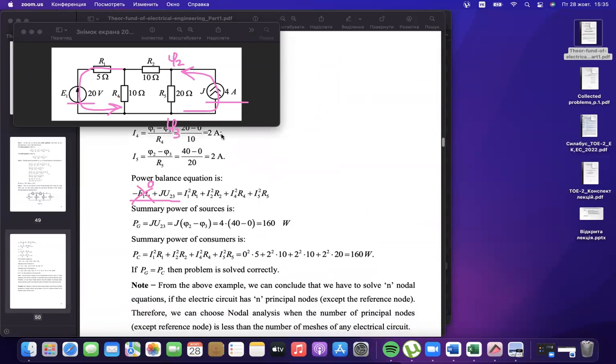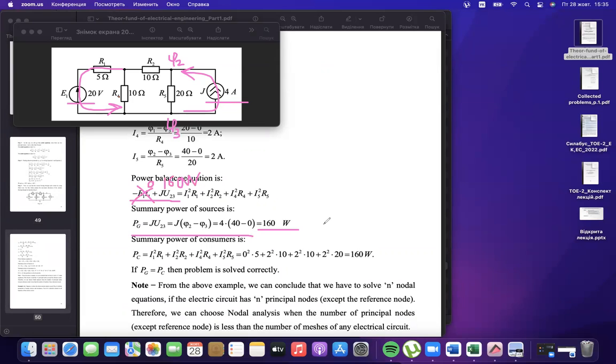That is 40 volts on 4 amperes, 160 watts. It is the power balance of sources. Here it is written.